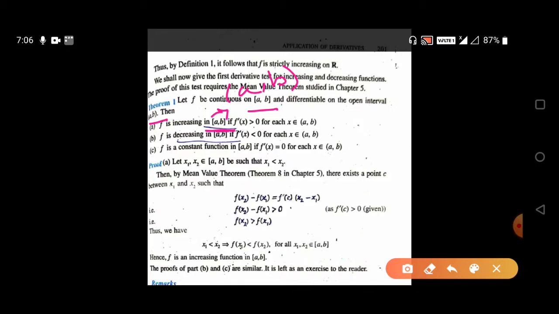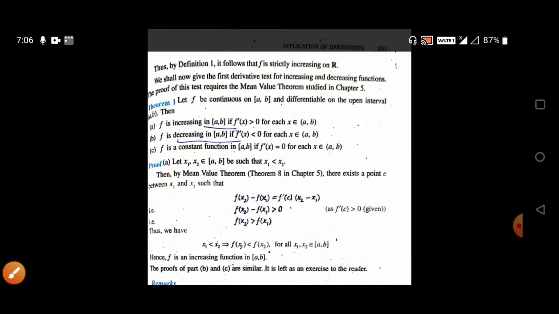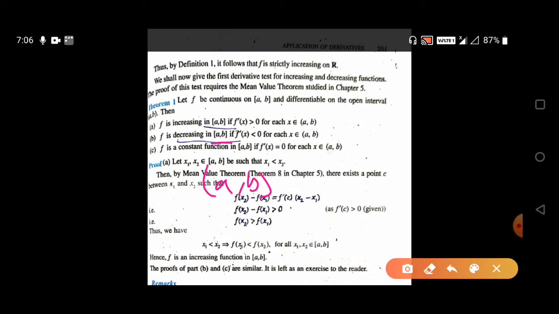For decreasing, f is decreasing in the closed interval AB and strictly decreasing in the open interval AB if f dash x is less than 0. If f dash x is equal to 0, then the function is a constant function.